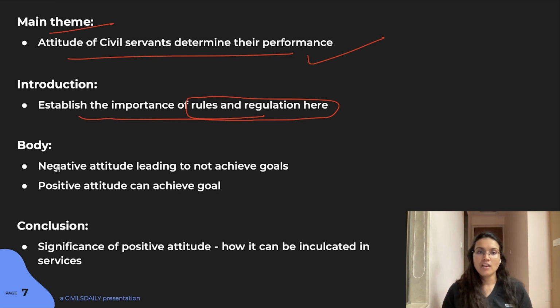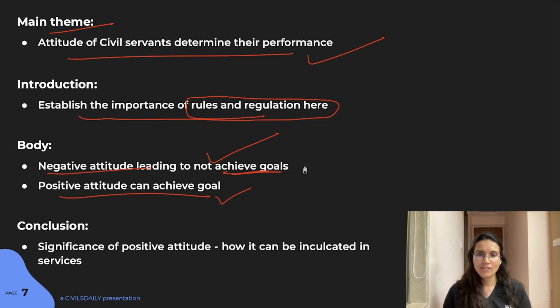When we move to the body, we talk about how the same rules actually determine the performance of various civil servants depending upon their attitude. You can talk about how negative attitude leads to not achieving goals, and this can be one heading, and how positive attitude can lead to the same rules, same scenario, getting you better results.